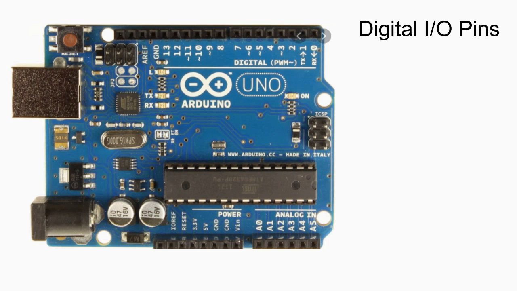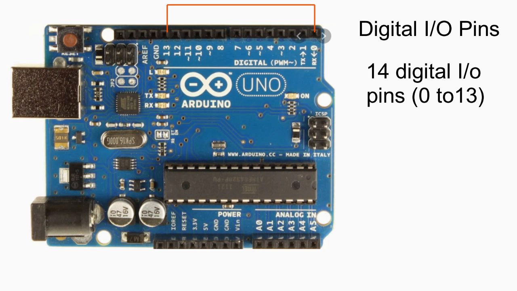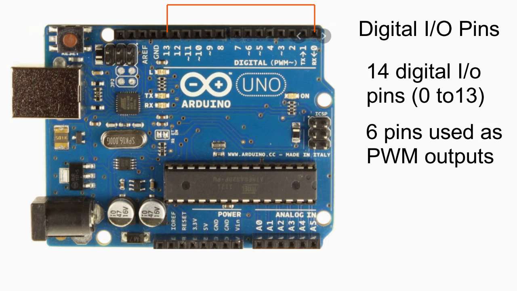Digital input-output pins. The Arduino consists of 14 digital input-output pins. These pins can be configured to work as input digital pins to read logical values like 0 or 1, or as digital output pins to drive different modules like LEDs, relays, etc. Out of these 14 pins, 6 pins can be used as PWM outputs, which are used for pulse width modulation.